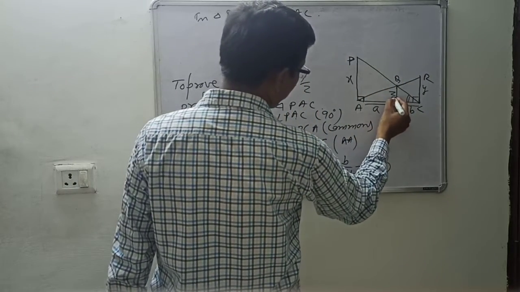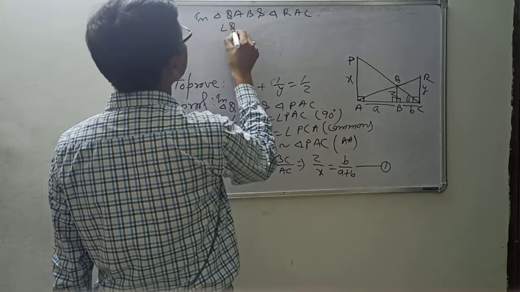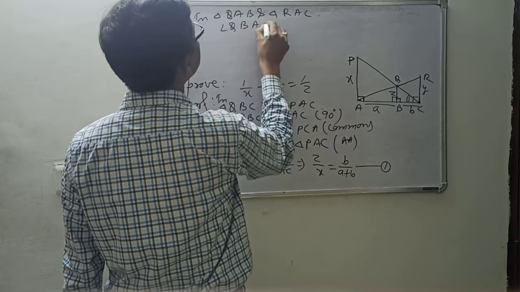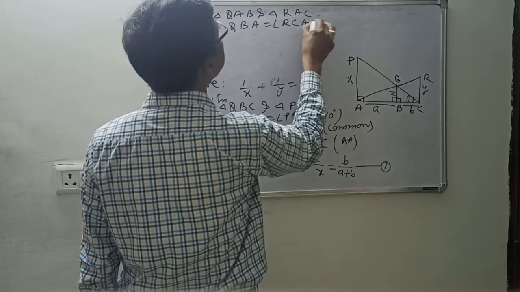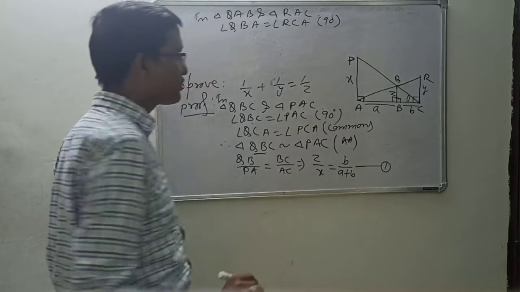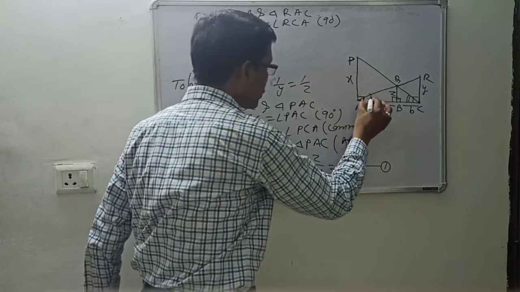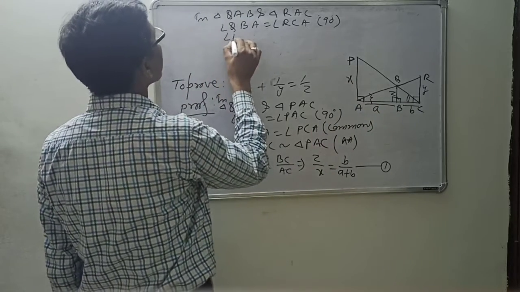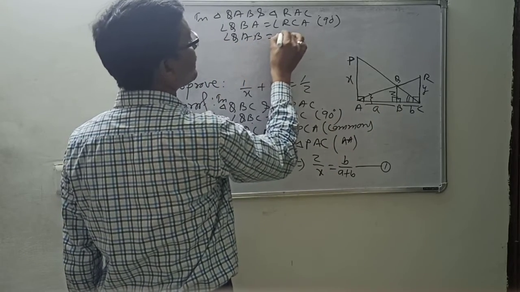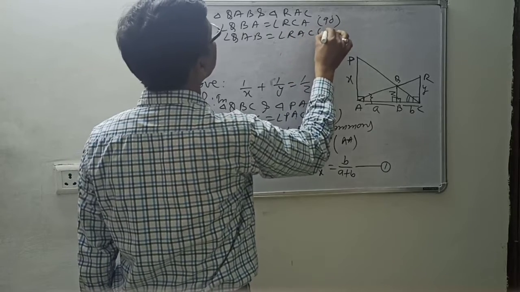See, this is also 90 degrees. So angle QBA is equal to angle RCA, because each one is 90 degrees, as well as this is a common angle. So angle QAB is equal to angle RAC.